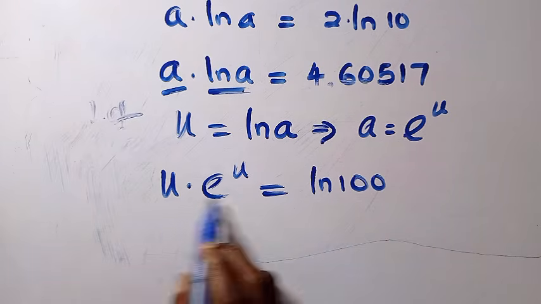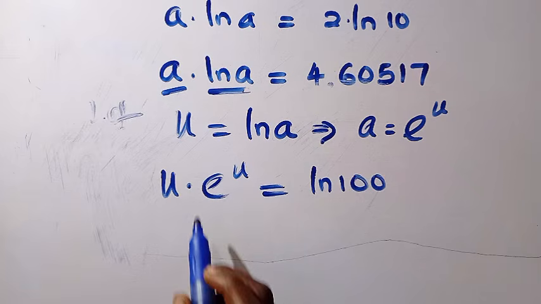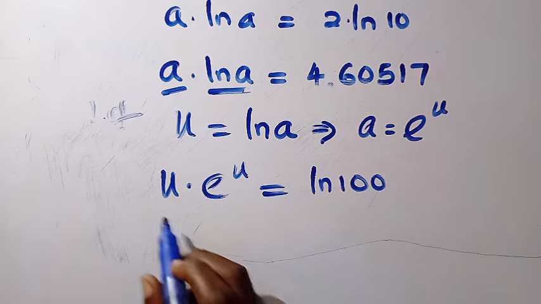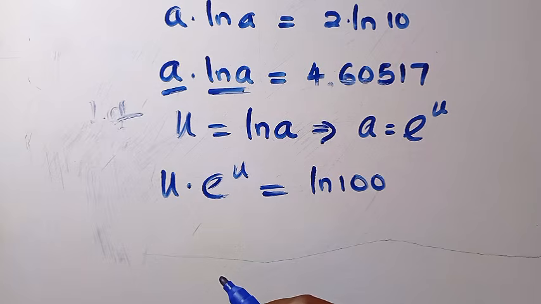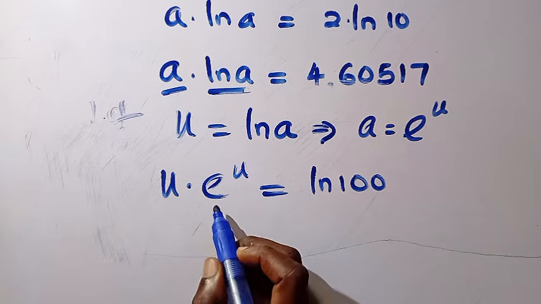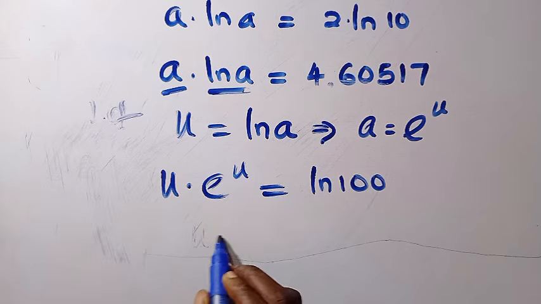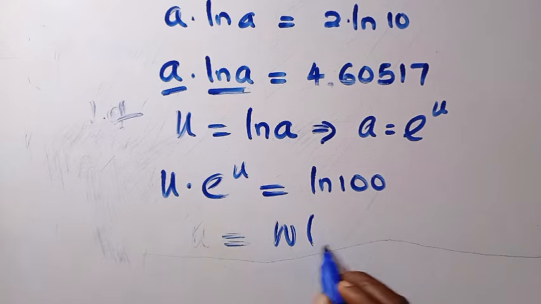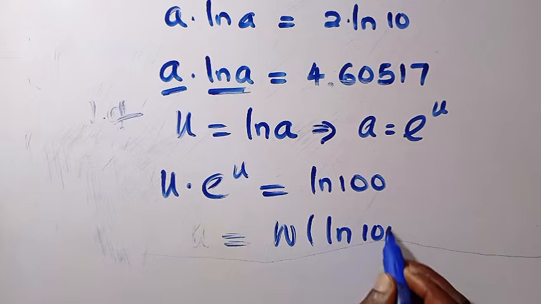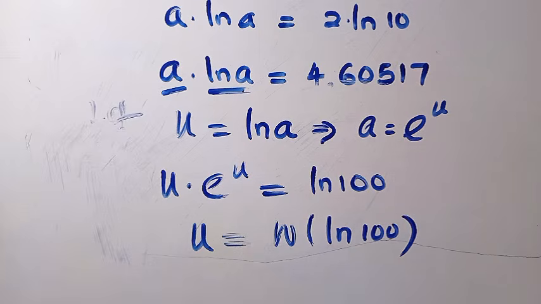Looking at this alone, it has given us the form of the Lambert function, because the quantity at the power of the exponent must be the same, and when they are equal, we take only u. So therefore we have u equals the omega of ln 100.